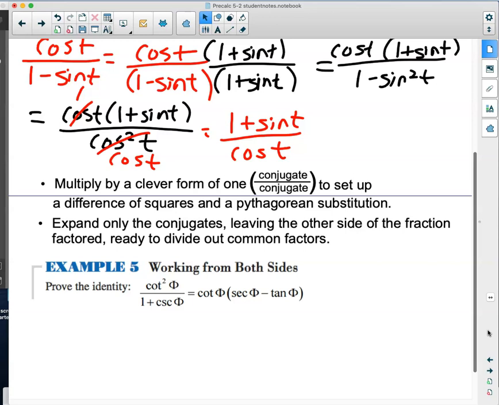And then expand only the conjugates. Notice up here I did not distribute this cosine of t. I was thinking in advance, okay, if I can get a cosine squared in the bottom, then that'll cancel out and good things will happen. So once you expand the conjugates and leave the other side of the fraction factored, divide out any of those common factors that we possibly can.